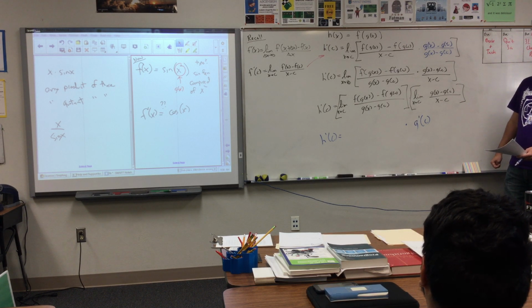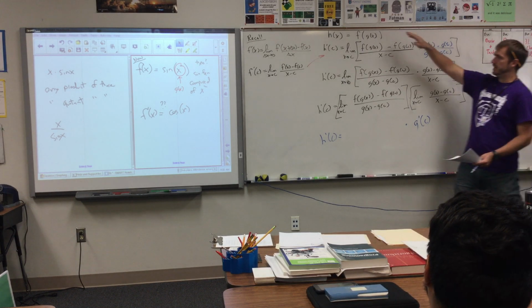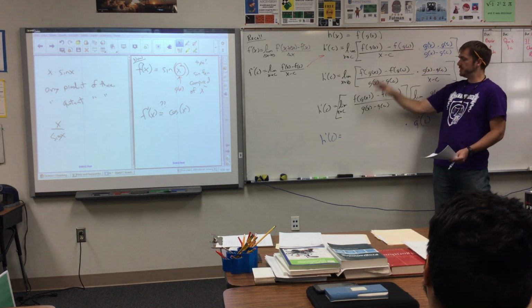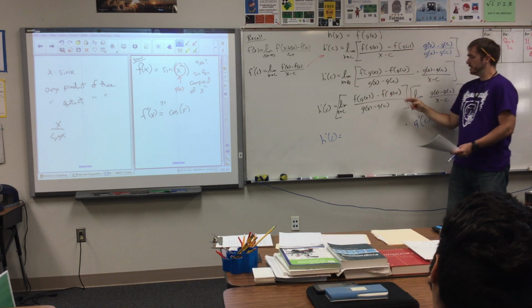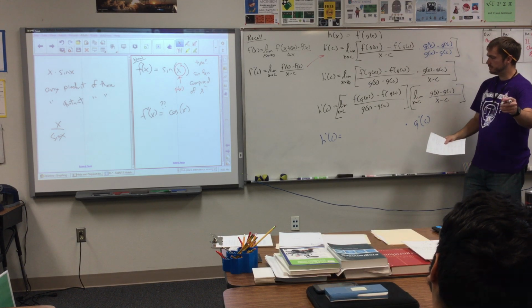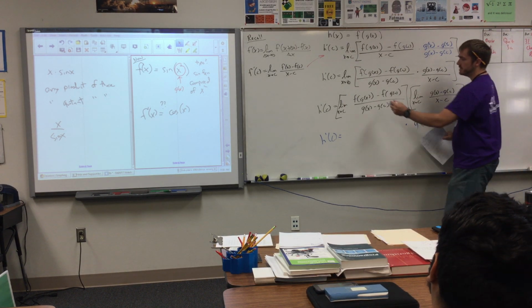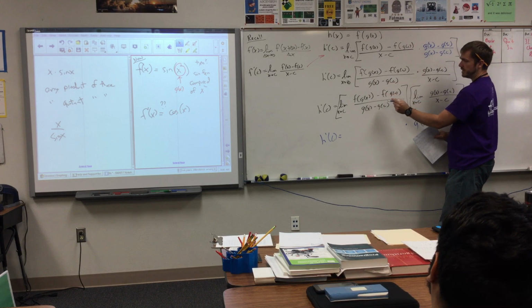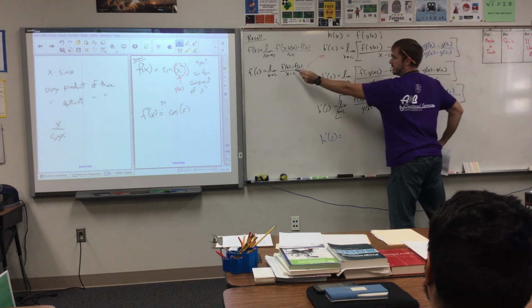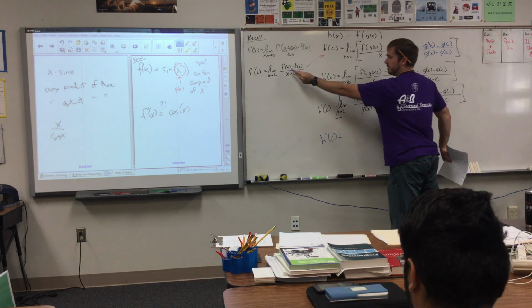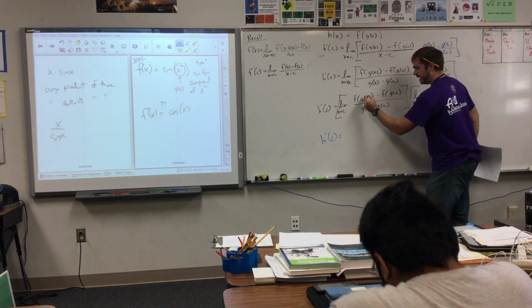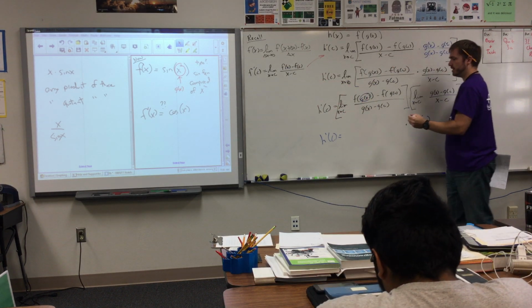It does look a little bit like h of x because it has f composed of g, right? It looks like the same thing. What I want you to see is that this is the limit as x approaches c, but instead of f of x, we have f of g of x.